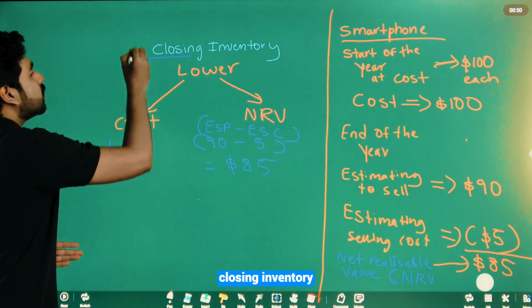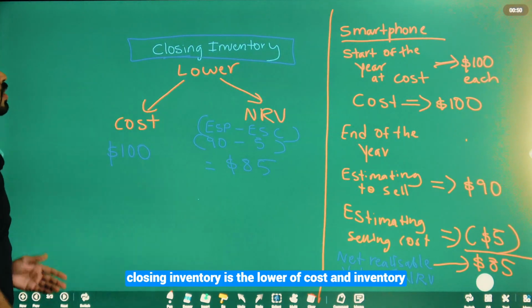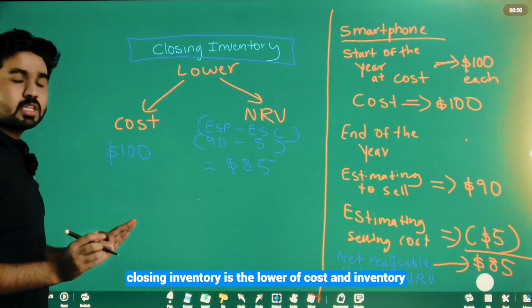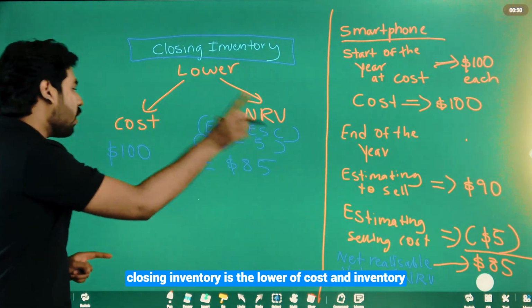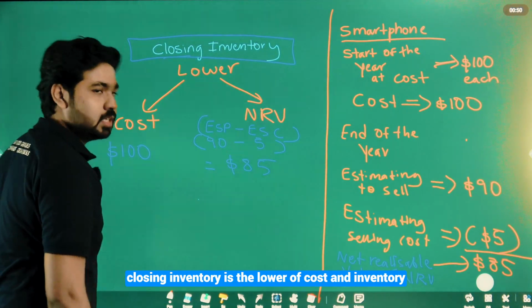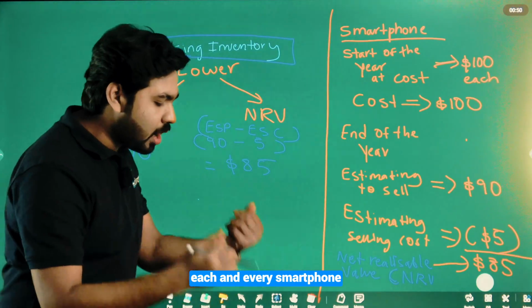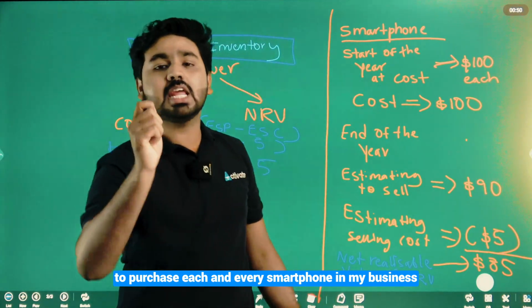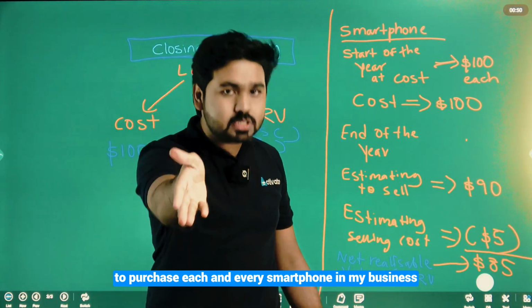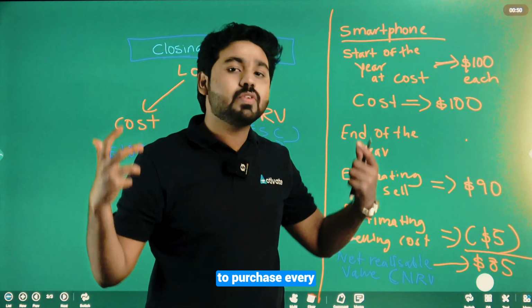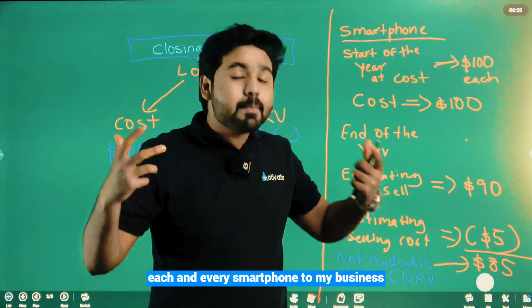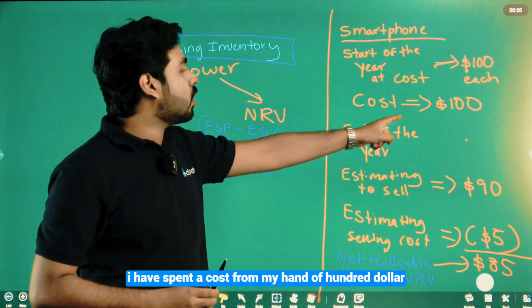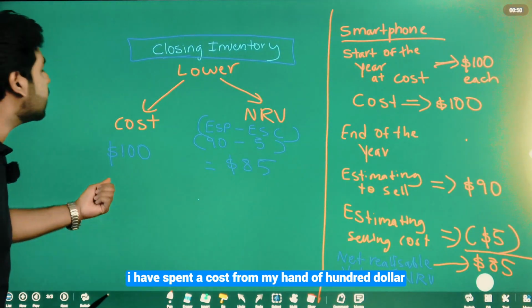How do you measure this closing inventory? Closing inventory is the lower of cost and NRV. To purchase each and every smartphone in my business, I have spent a cost from my hand of $100.